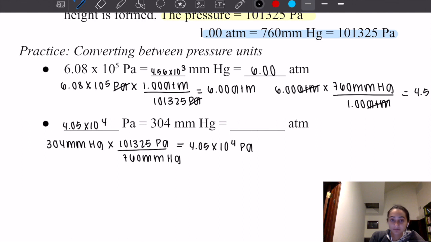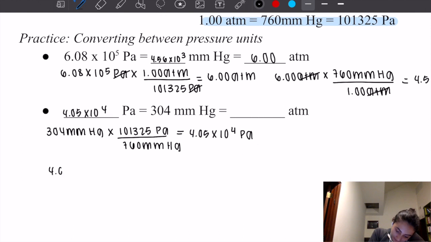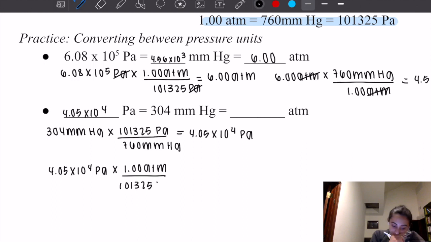And then now we're going to convert that to atmospheres. So 4.05 times 10 to the 4th pascals times 1 atmosphere per 101,325 pascals. That is going to get 0.400 atmospheres.